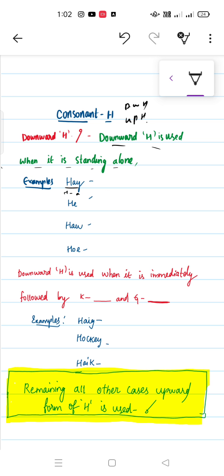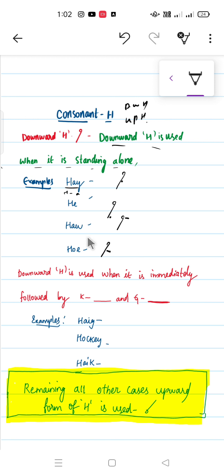There is no other attachment, no other consonants. So hey, it is standing alone, so use downward H. Here on the line we have to write because A is a second place vowel, so downward H and hey. Got it? Next, he also we have only H, so it should be written through the line, and he. Next, ha also above the line because a first place vowel is coming. Ho on the line. Got it? So when it is standing alone we need to use downward H.